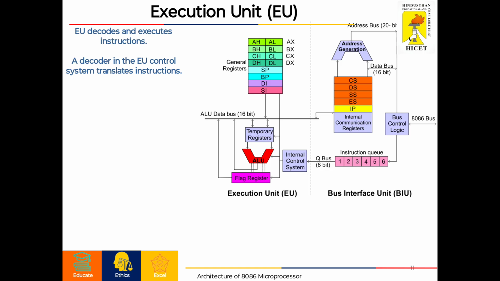The EU has a 16-bit ALU to perform arithmetic and logical operations. The EU has 8 16-bit general purpose registers, that is AX, BX, CX, DX, SP, BP, SI and DI. SP means stack pointer, BP base pointer, SI source index, and DI destination index register.